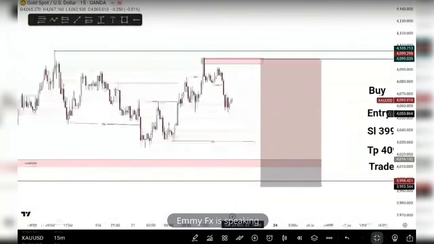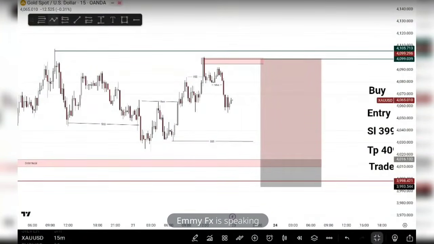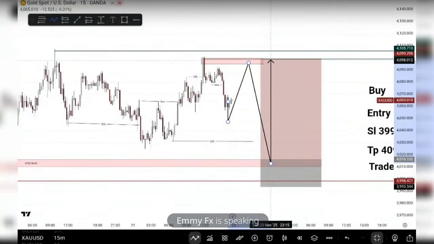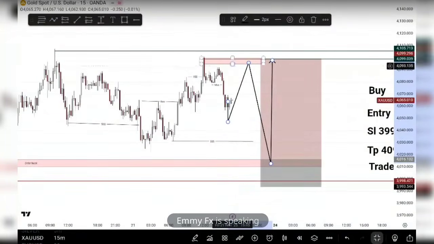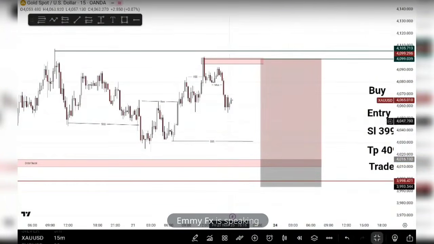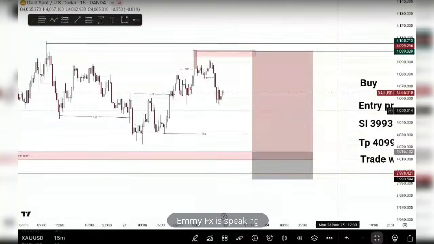Good. So I said if price reacted from this demand zone and made this move from here, you will sell from here to here. But I'm not going to call the sell coordinates because price will want to take out liquidity. So the best coordinate you are going to use is this buy.